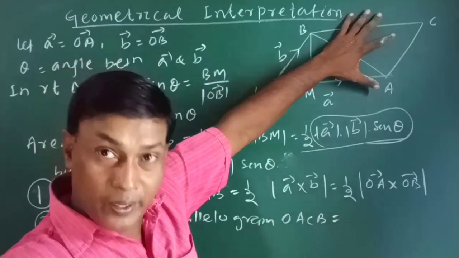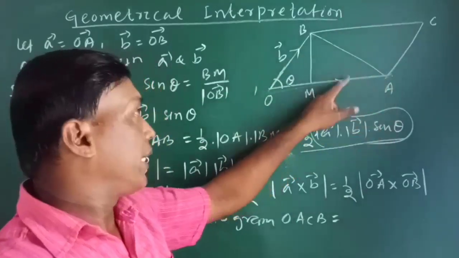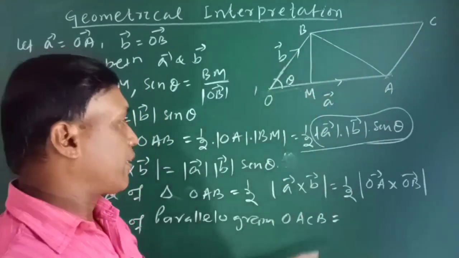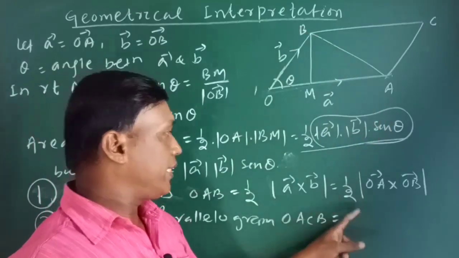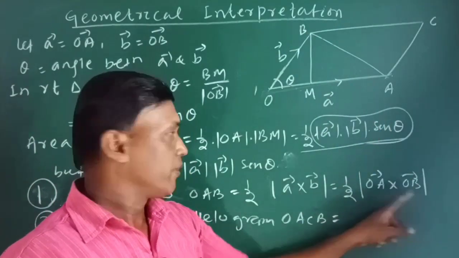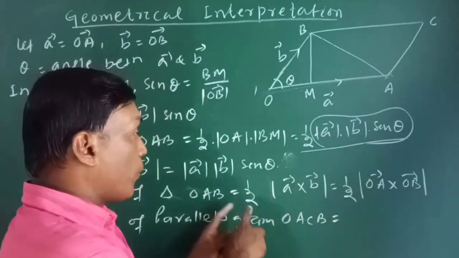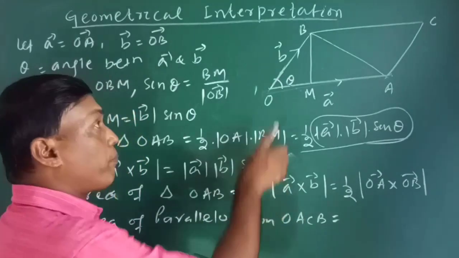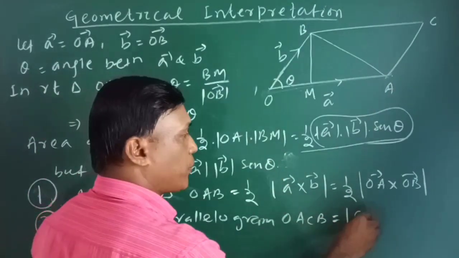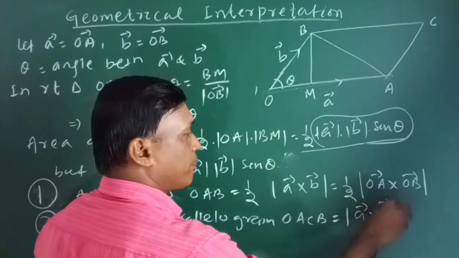So area of a parallelogram is 2 into area of this triangle, and the area of triangle OAB is half of A cross B. If we multiply by 2, then the area of the parallelogram is magnitude of A cross B.